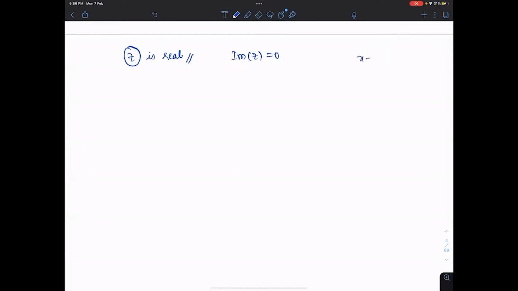So if Z is the complex number X plus Iy, what will be Z bar? X minus Iy. If you subtract, Z minus Z bar, what do you get? 2Iy. So that means 2I times imaginary part of Z. So if Z is real, this is 0, so then you will say Z is equal to Z bar. If a complex number is real, then that complex number will be equal to its conjugate.